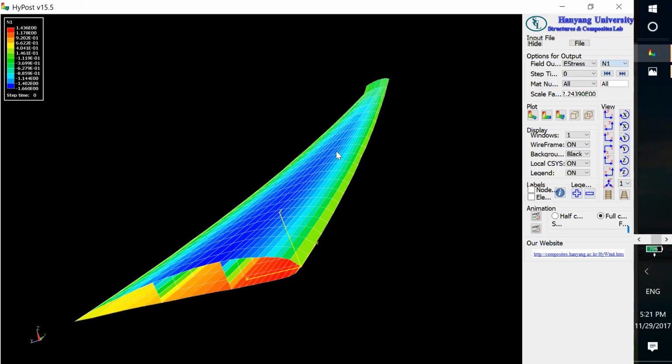Why? Why compression in this direction? Huh? Why compression in this direction? When we apply the shear force, there is a compression. Why?